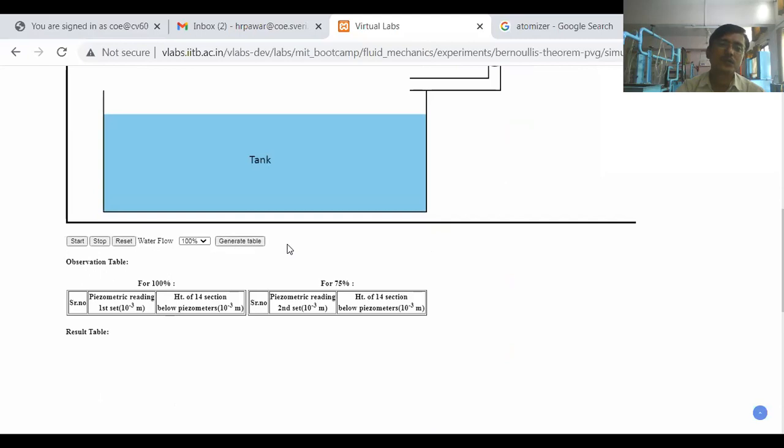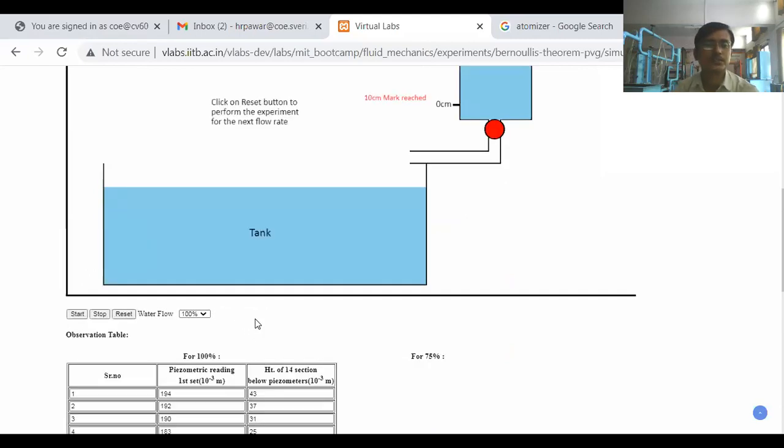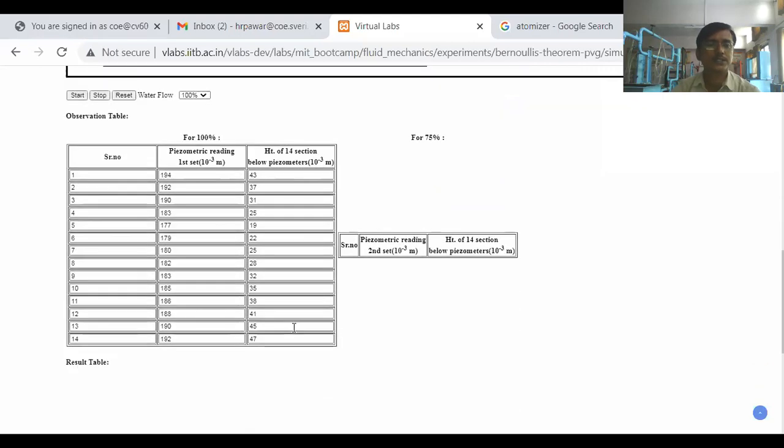Now we want to generate the table here, right? So I will click here on the generate table. Now you can see these are the piezometric head readings, or pressure head readings, for the 14 piezometric tubes. It has come here. You can edit these values here like this.